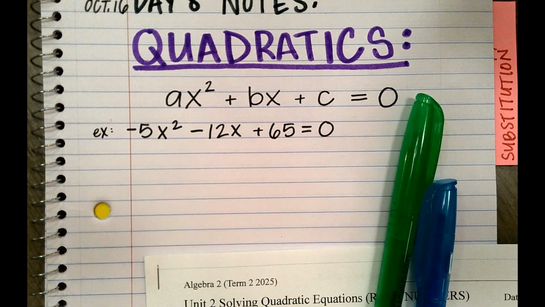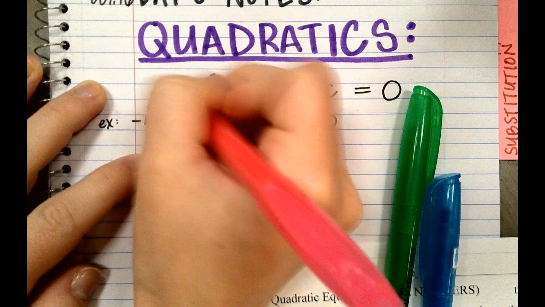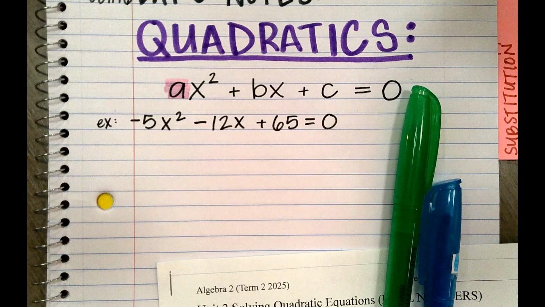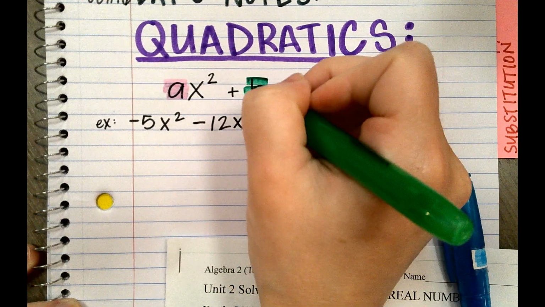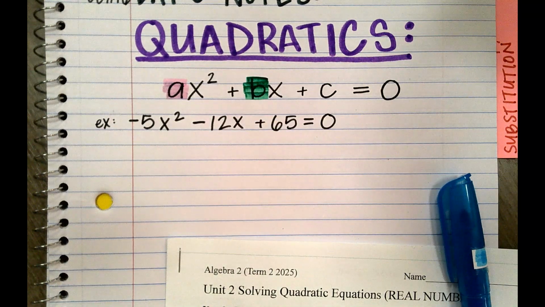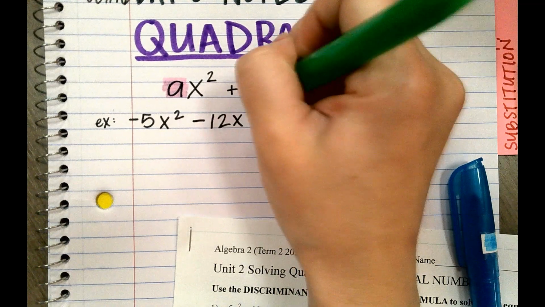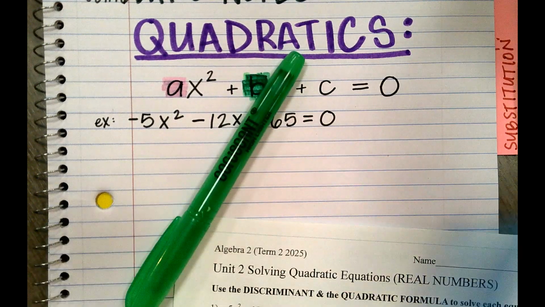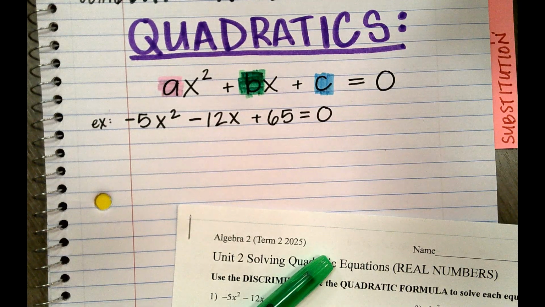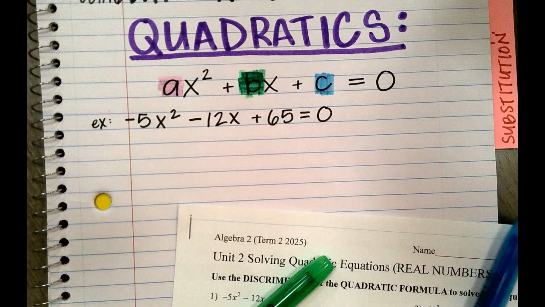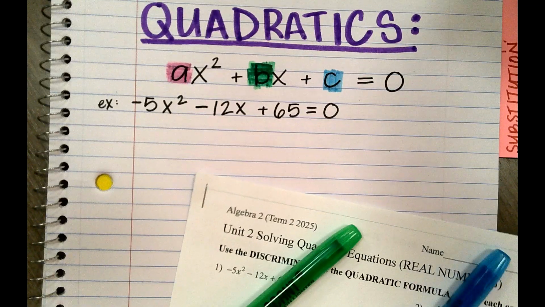Doesn't matter if you're using the same colors or not. But I'm going to make my A pink. My B green. Gosh, I hate when that happens. Pink, green, blue. That green must have filled up. Wow. Little gross looking there. Okay, so I have A, B, and C.